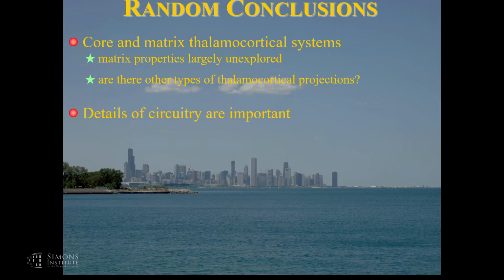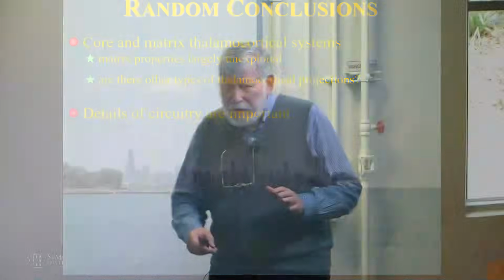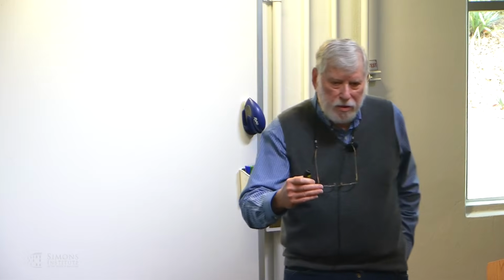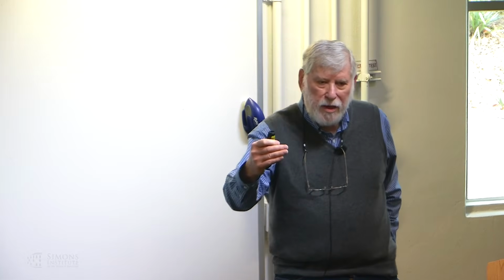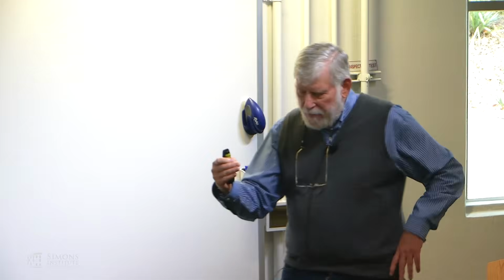Details of circuitry are important. I try to make the point with the example of the layer 6 feedback to thalamus. It's one thing to say that the pathway innervates relay cells and inhibitory inputs to the relay cells, and it looks like it's organized, from a pathway point of view, as a direct excitatory and indirect inhibitory circuit.